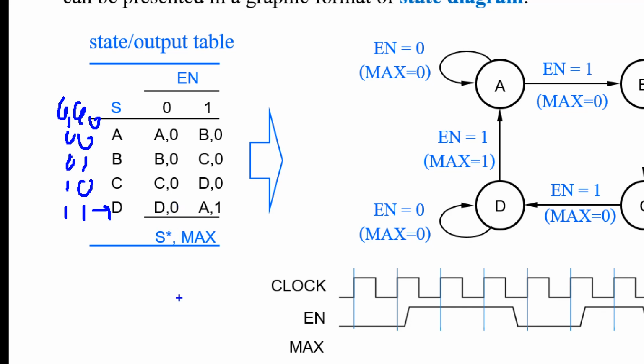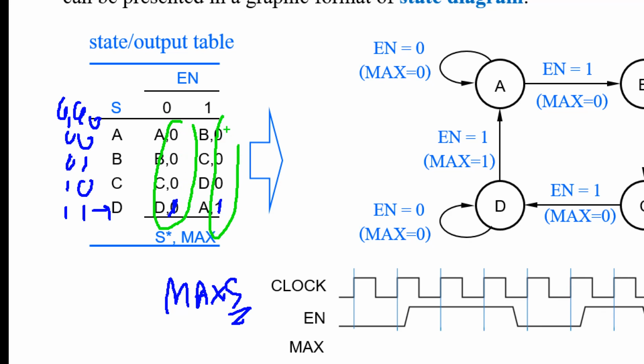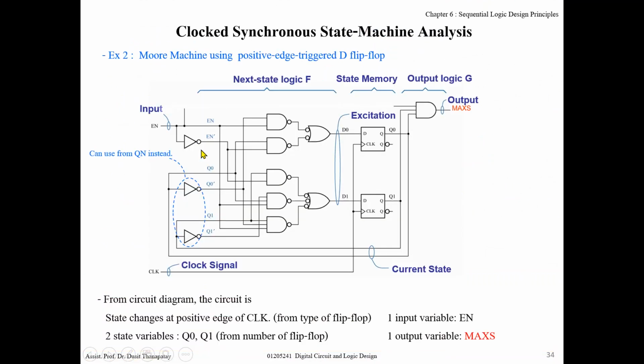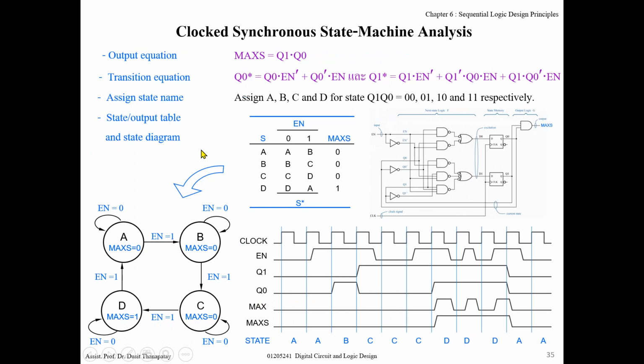At state D, output max is 1 here and is 1 here also. So please take this column as 0001. This column is also 0001, right? The same. That means it does not depend on input value. So you can separate this output from input value, or make a new column separately.